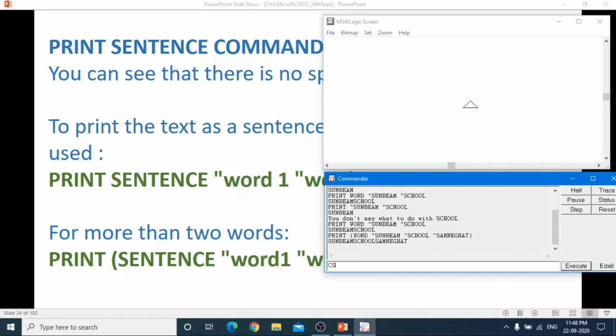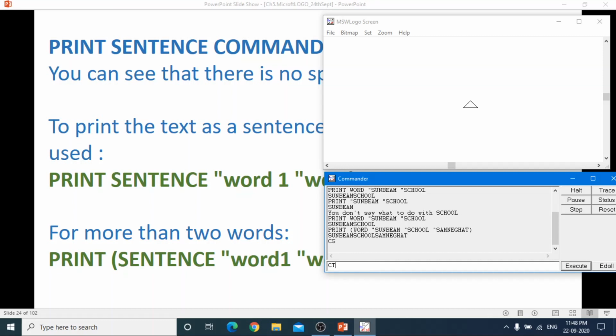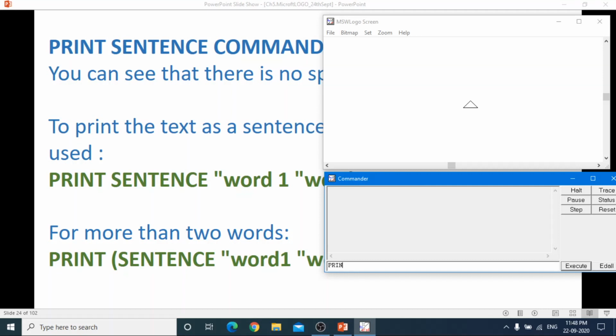See how it will be done. Print sentence, and then double quotes Sunbeam, and then double quotes school, and execute it.